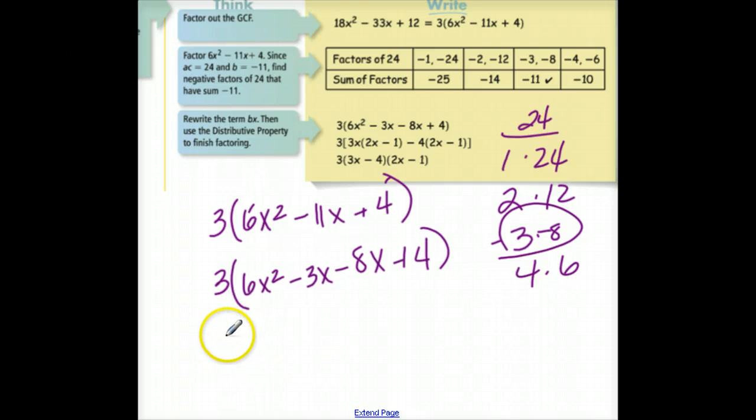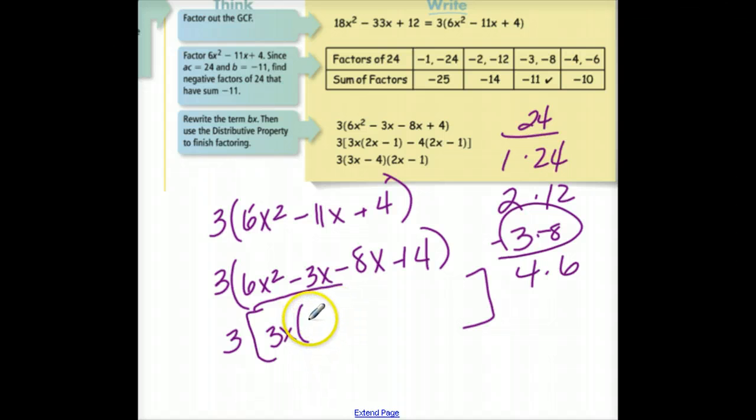Keep the 3 out again. I need two large grouping symbols here. What can I factor in our first pair? I'm going to pull out a 3x. I'm left with 2x minus 1. And in this pair, I'm going to pull out, let's go negative 4.